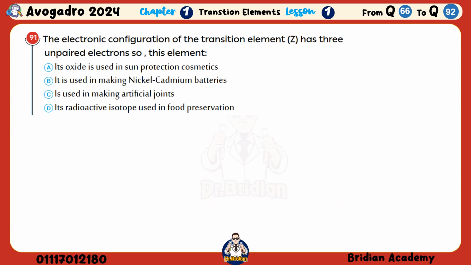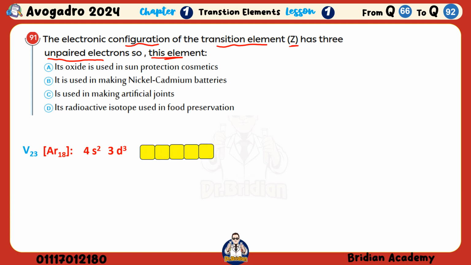Question number 91. The electronic configuration of the transition element Z has 3 unpaired electrons. When you have 3 unpaired electrons, you have 2 cases. One is vanadium 23, 4s2 3d3, with the d orbitals filled 1, 2, 3.